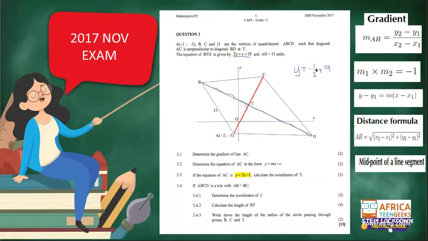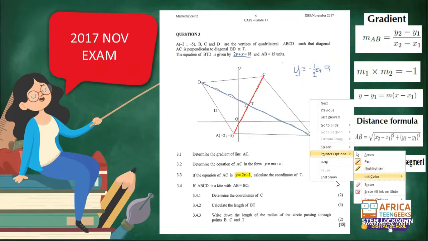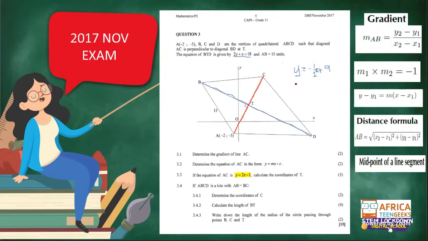So there's an X here, and then we also have the equation Y equals 2X minus 1.